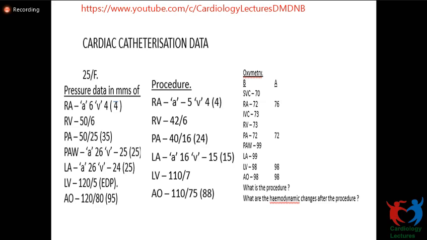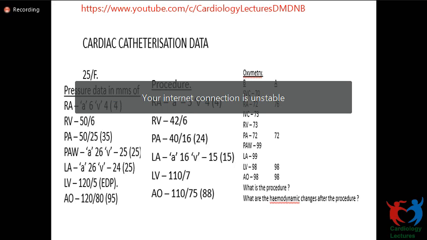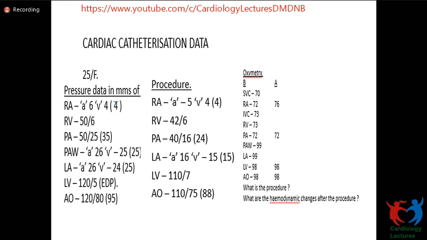Aortic pressure is systolic 120, diastolic 80, mean 95. Normal, very good. Now interpret the pressure data given to you. What is your diagnosis?